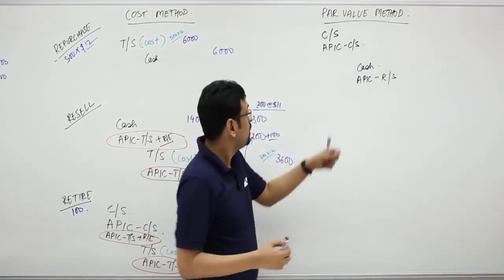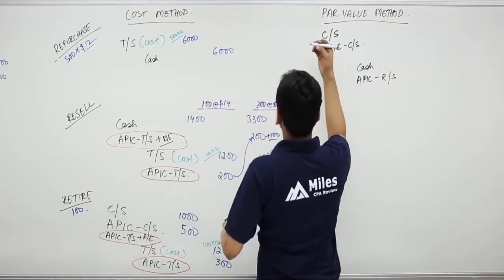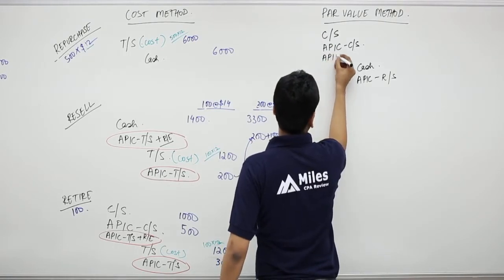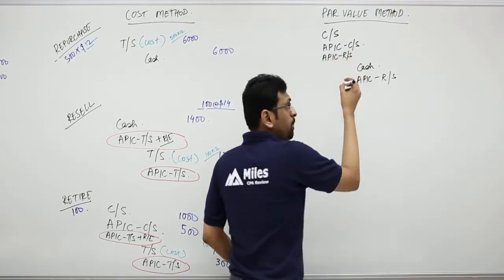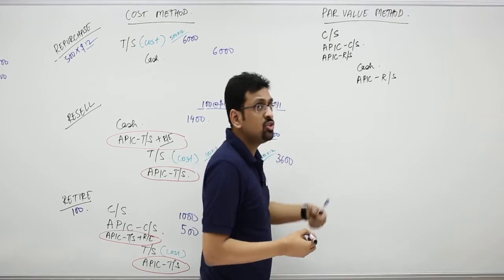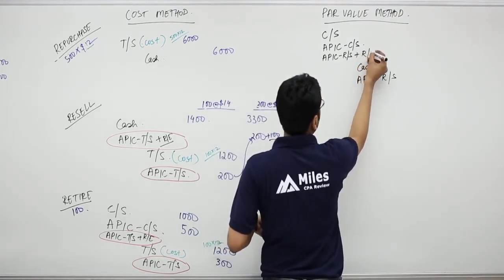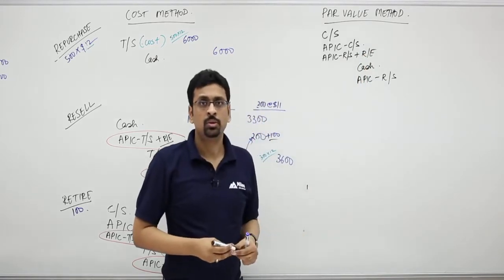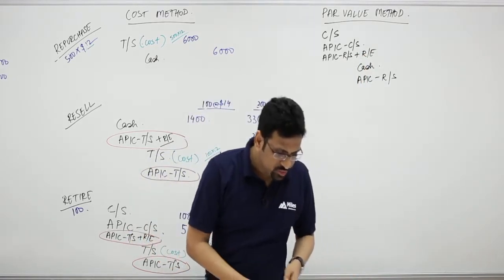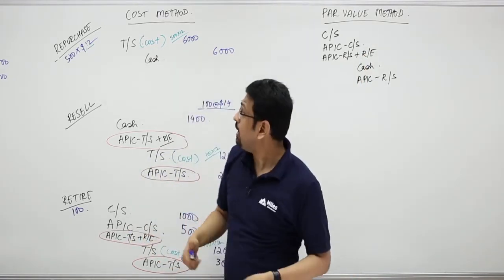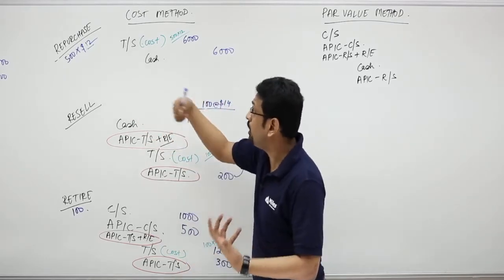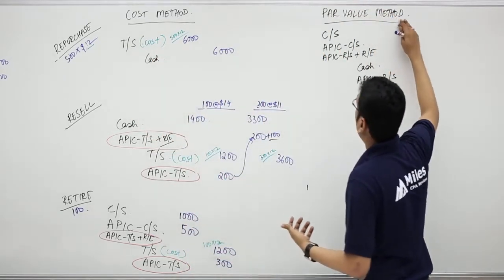Remember that? If there was a loss on retirement, you would have debited APIC retired stock, and the moment APIC retired stock was 0, you don't want to debit it further, then you could have used retained earnings. Now, with this perspective here, let's look at repurchase of treasury stock when you're using the par value method.